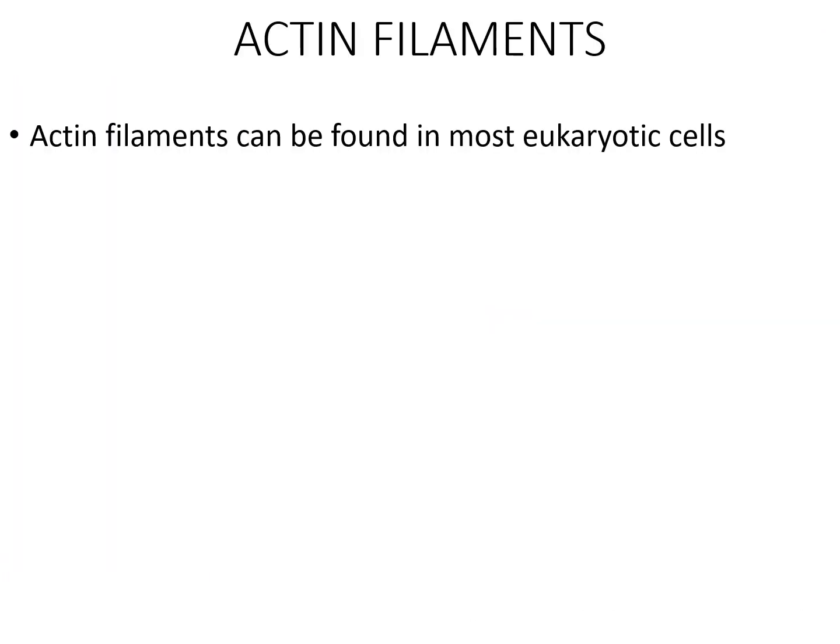Actin filaments can be found in many eukaryotic cells. These are very abundant, and they are involved in many cell movements. Without actin filaments, animal cells may not be able to move along surfaces.